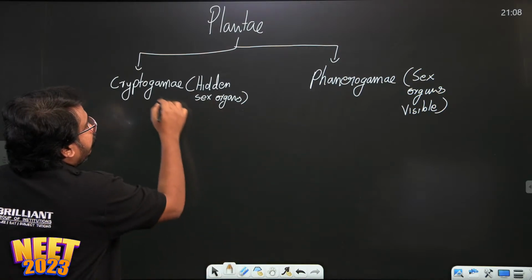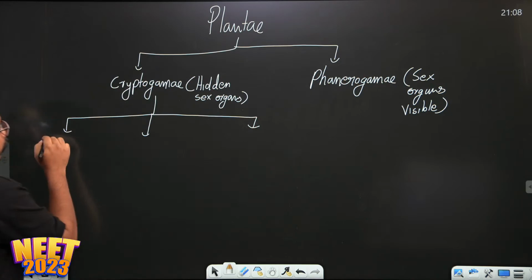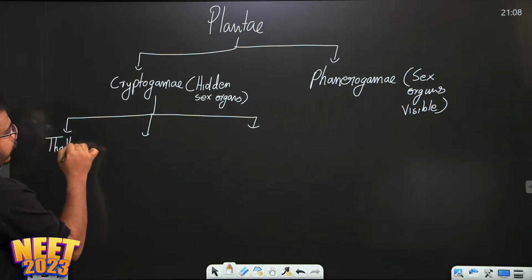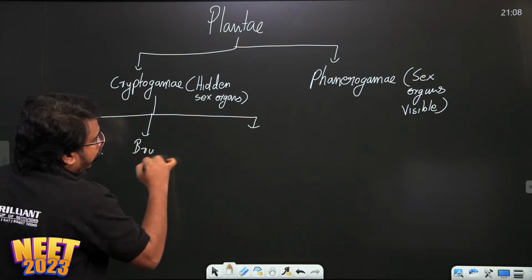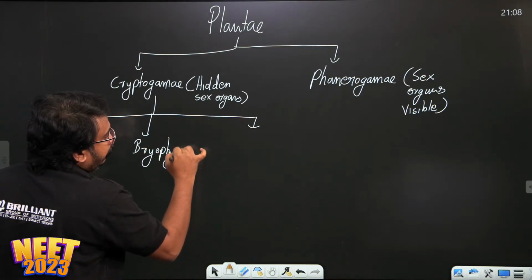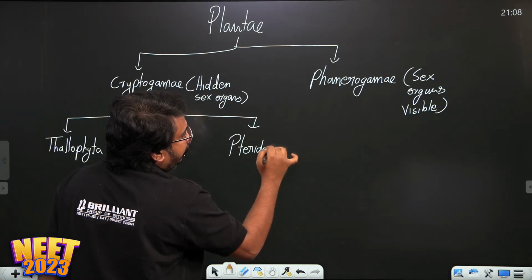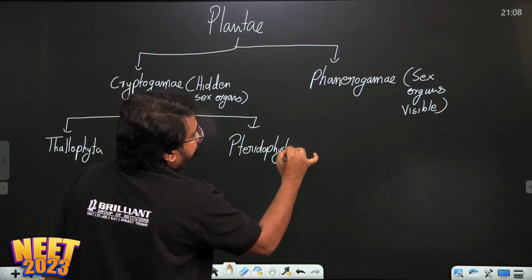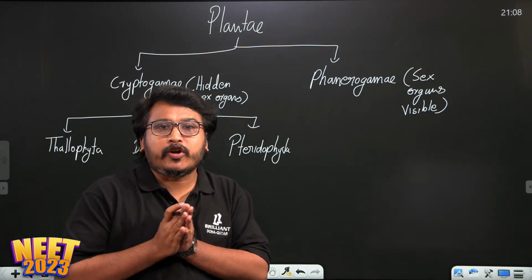And here cryptogamy would be including three types of plants. It will be including the Thallophyta, that include algae, and it also would be including Bryophyta and pteridophyta. These three are actually coming under cryptogamy, because in these three plants the reproductive structures are not visible.